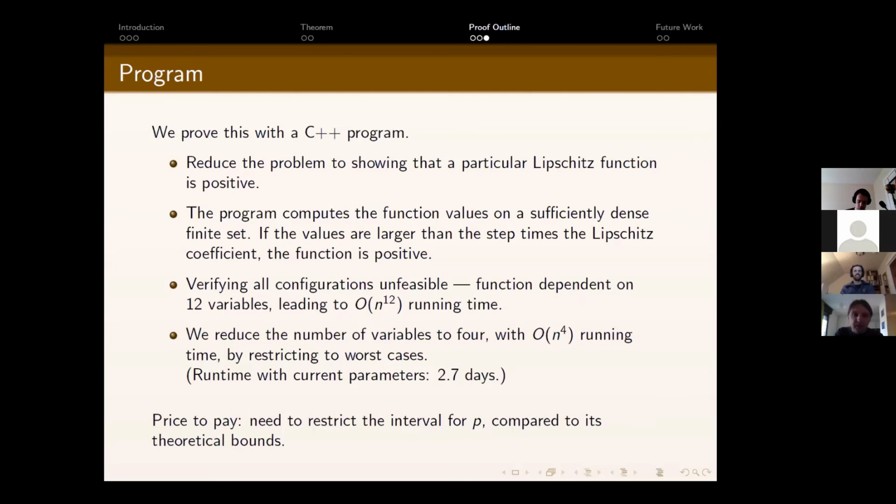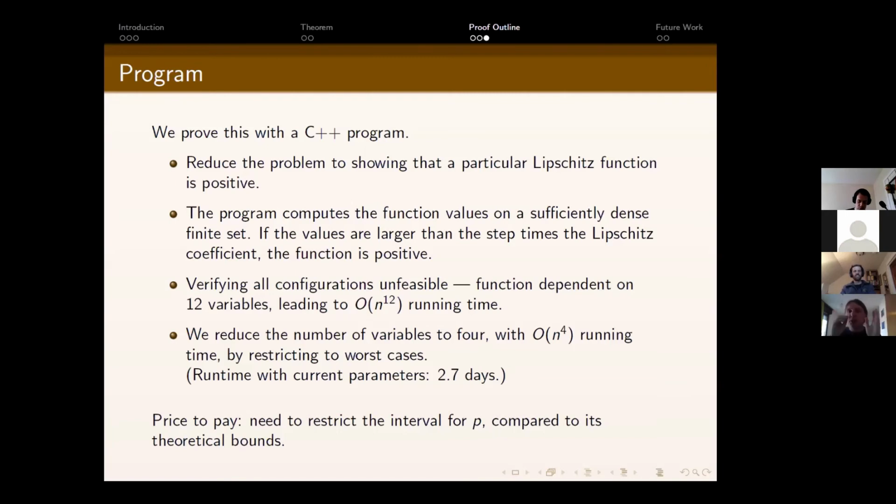Okay, I won't go into more details because I only have 5 more minutes. But what is important to say here is that there is a price to pay to do this with the program.